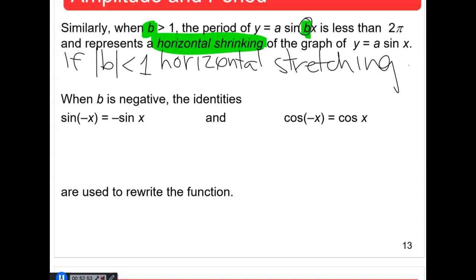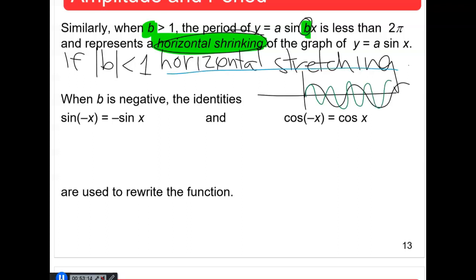So they could go either faster, that will be the horizontal shrinking. It will go from looking like a graph like that, to a graph with a horizontal shrinking. It could look like this. Okay, not very pretty. And with the horizontal stretching, we could have something like that. So if it was related to time, it will take more time.